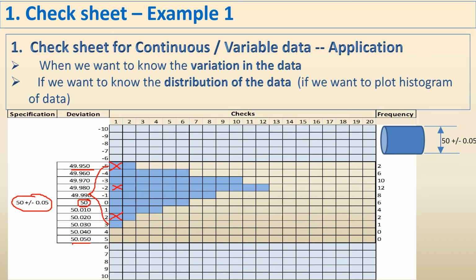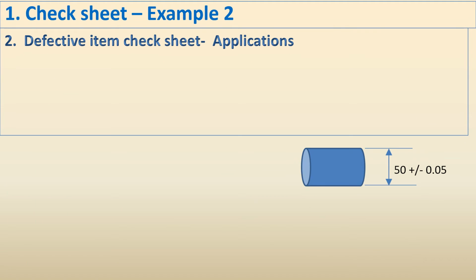Second, if you want to know the distribution of the data, if you want to plot a histogram, it shows that the dimension 49.980 came 12 times, so the operator checked 12 round bars at this size. So we know the variation in the data and the distribution of the data by using a check sheet. We're going to study the next one, check sheet example 2.